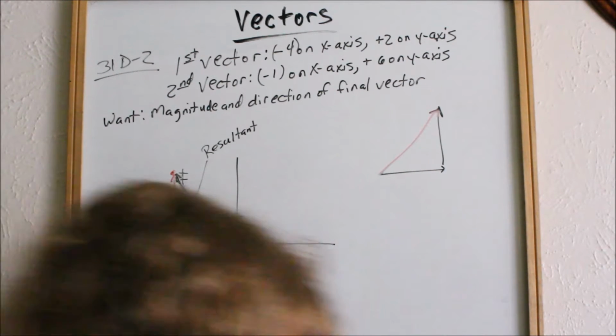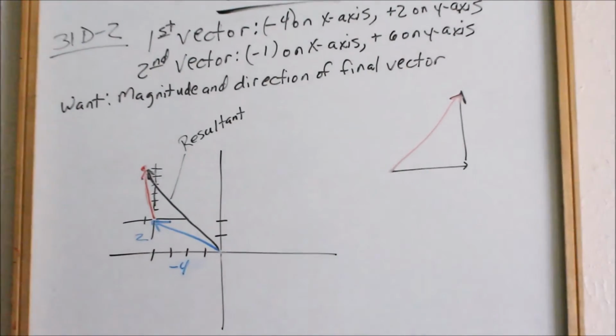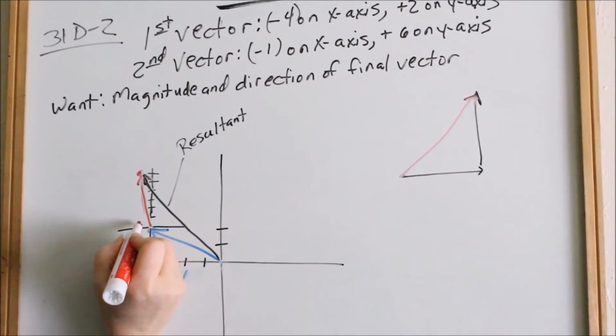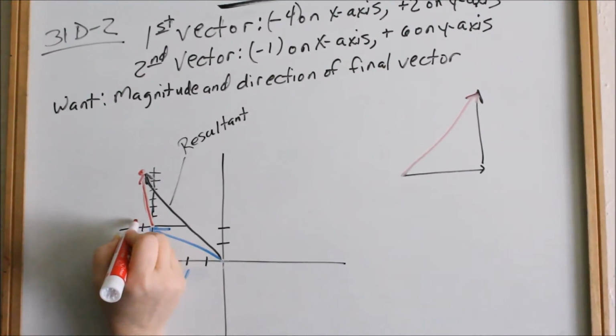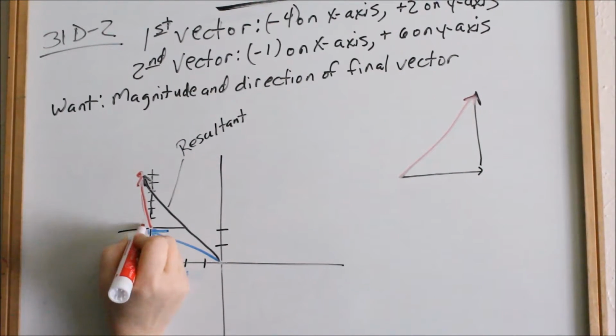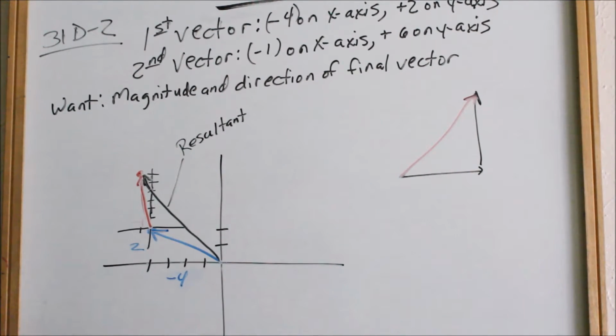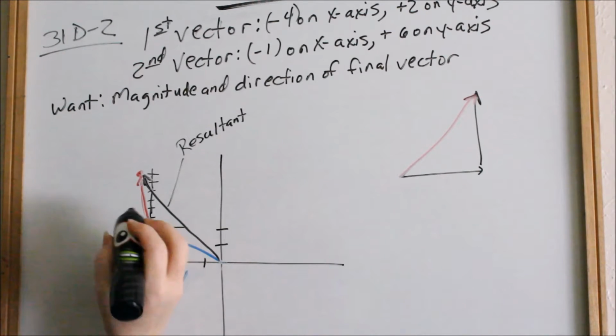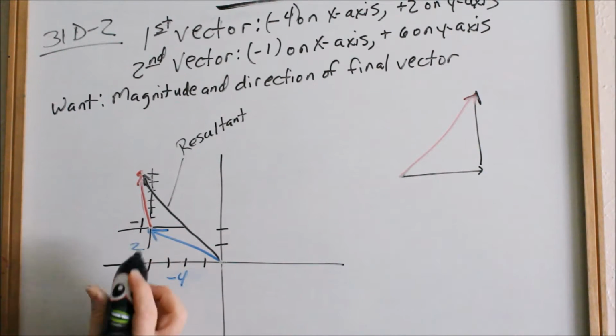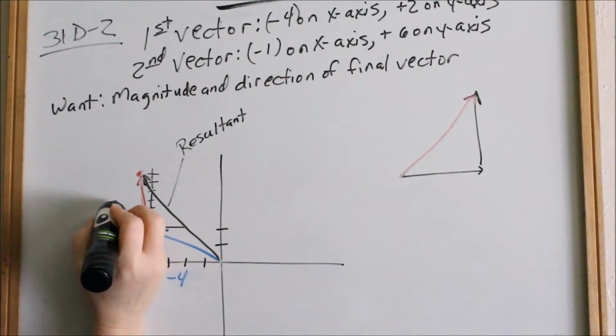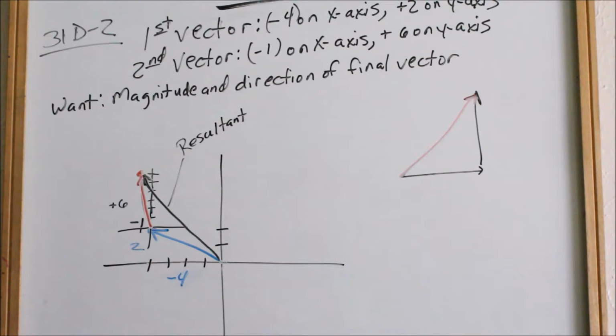And then my red vector was -1 over in the x direction, and then I went up +6.